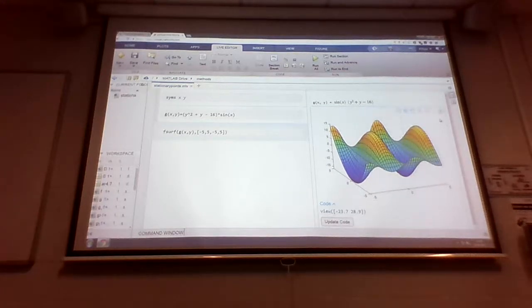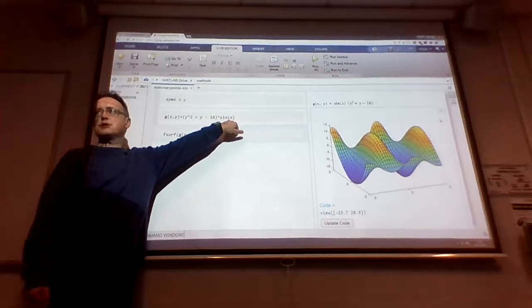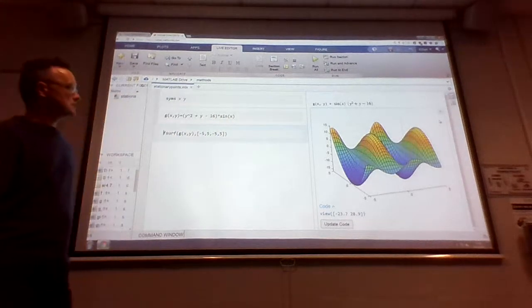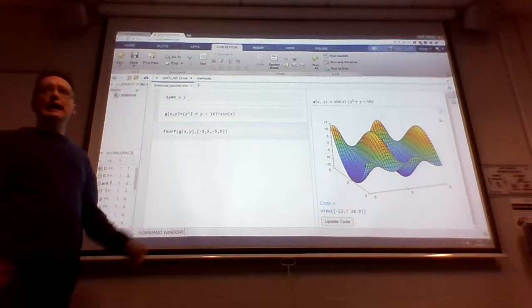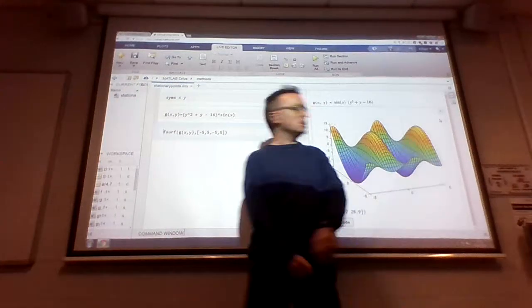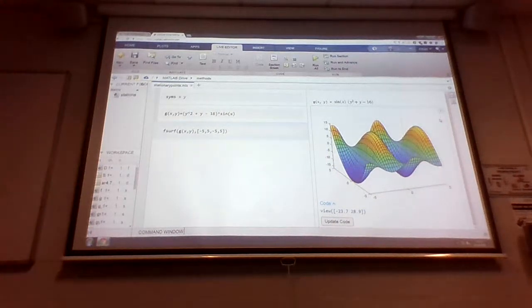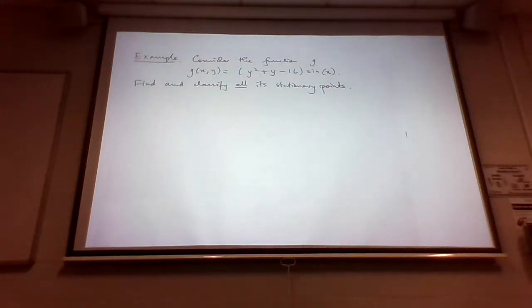We're expecting to see an infinite number of stationary points because of the presence of this periodic factor in the function. We're seeing minimums and maximums, and alongside them, we're seeing what look like saddle points. So that's always a good thing to do, to investigate the surface plots a little bit to see what's going on with your function.